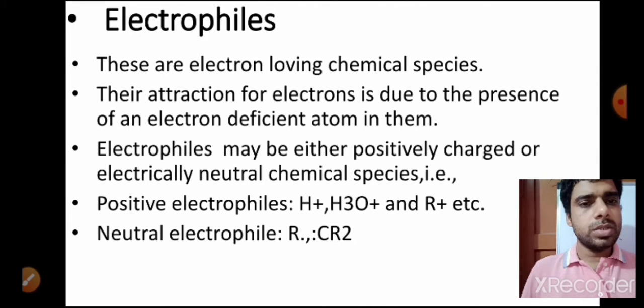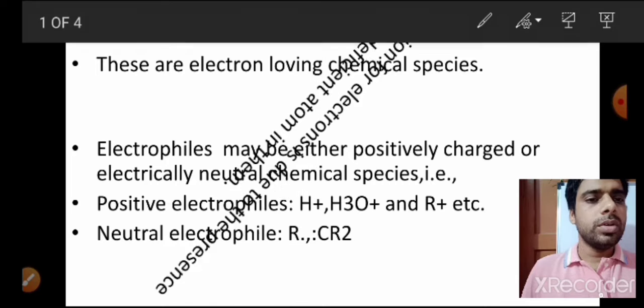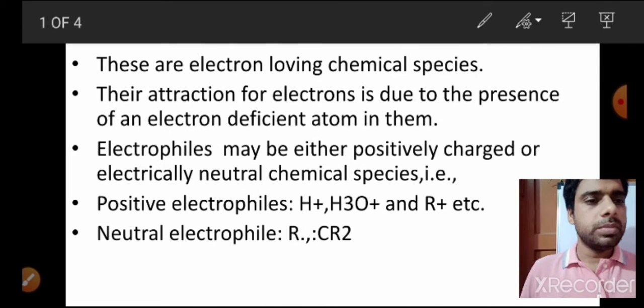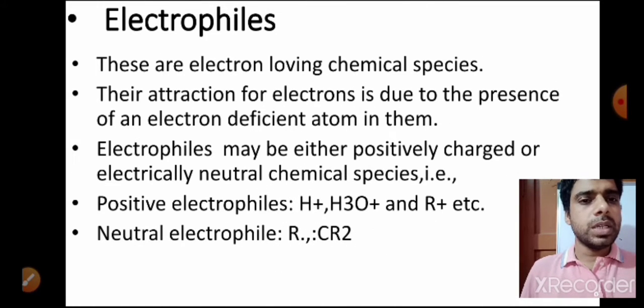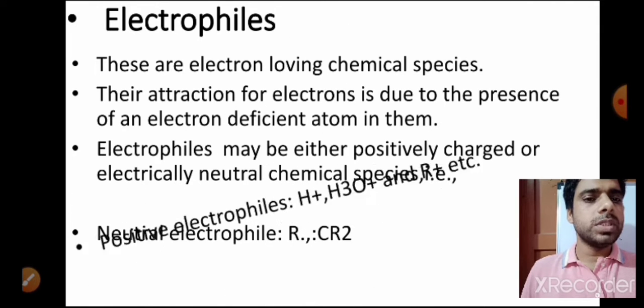That means it should be something which can attract electrons, and you know that what attracts electrons is something which has a deficiency of electrons. So it is a must that electrophiles contain some positive charge.